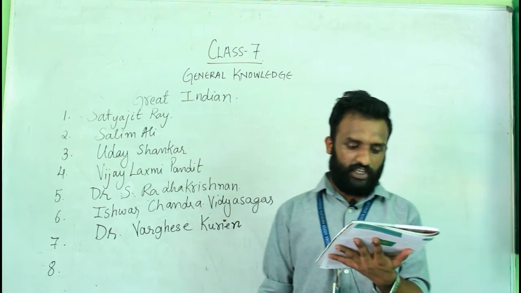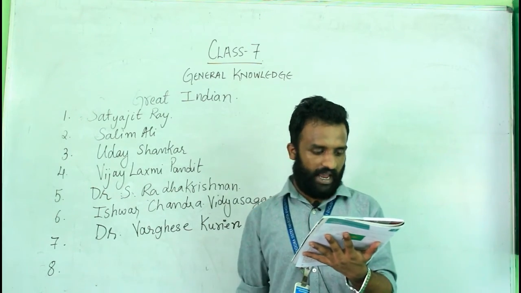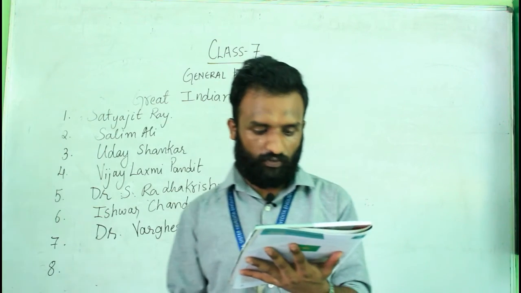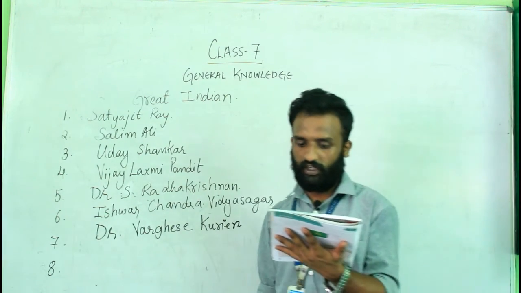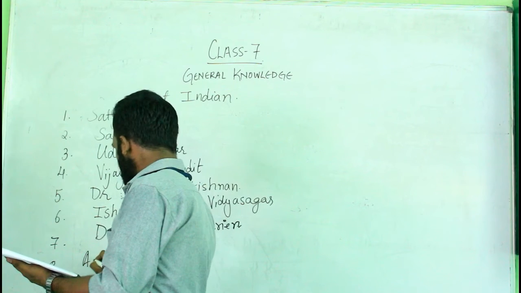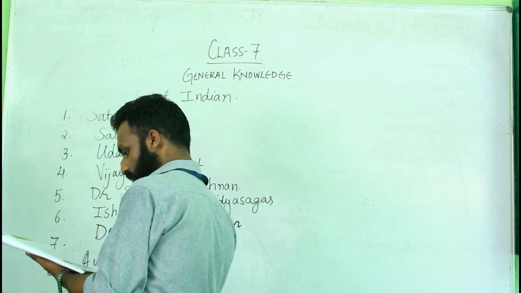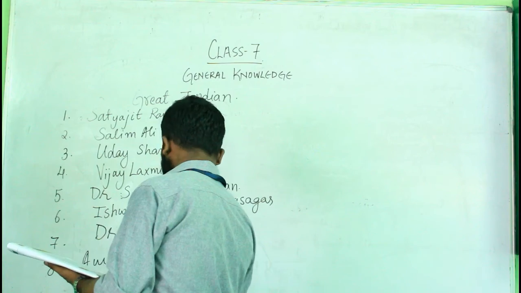Now number 8: he was one of the leaders of the Indian freedom struggle. He set up an ashram at Pondicherry. His teaching revolves around the belief that man is only a transitional being. So the number 8 answer is Aurobindo Ghosh.